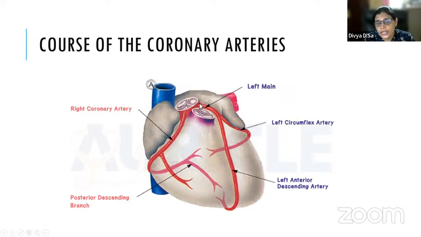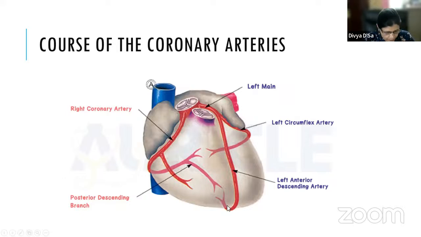The left coronary artery begins from the left posterior aortic sinus, passes between the pulmonary trunk and the left auricle, and immediately divides into two branches, the left circumflex and the left anterior descending. The left anterior descending runs in the anterior interventricular groove and ends up here.